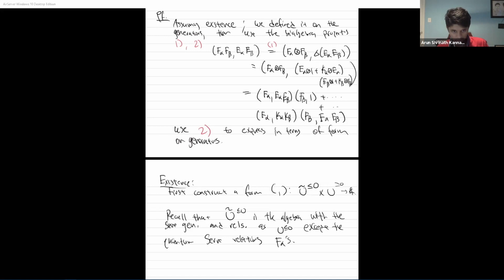So u twiddle less than or equal to 0 is a bialgebra with respect to the Hopf structure formulas that we talked about, and this bialgebra structure descends to the bialgebra structure we have on u less than or equal to 0. Okay, and the reason is, well, I'll get there.